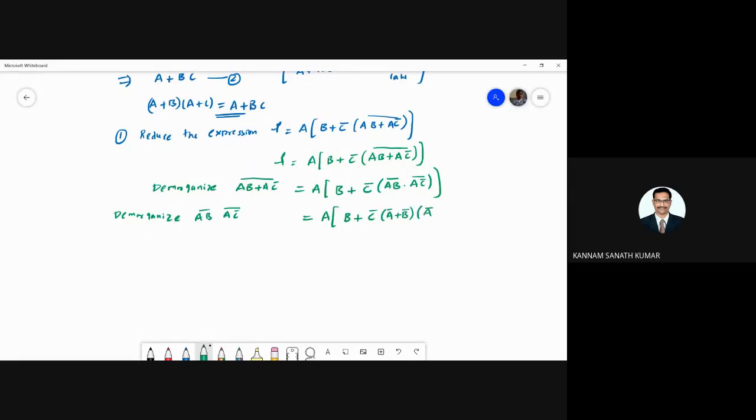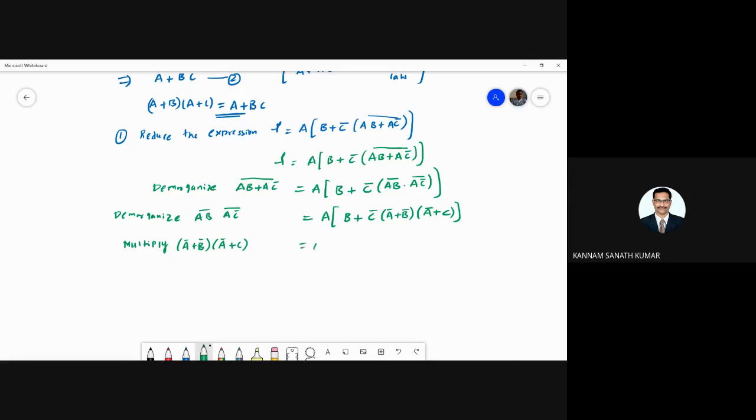Again, A bar plus C̄ bar whole bar equals what? The complement of a complement gives you the true form. So C̄ bar whole bar equals C, and I directly wrote it. Now what you should do? You have to multiply (A bar + B bar) and (A bar + C).